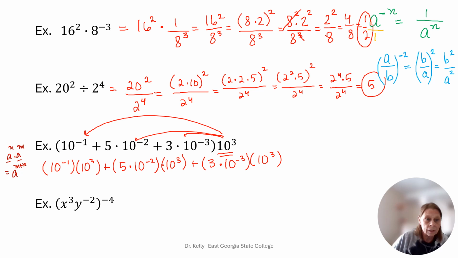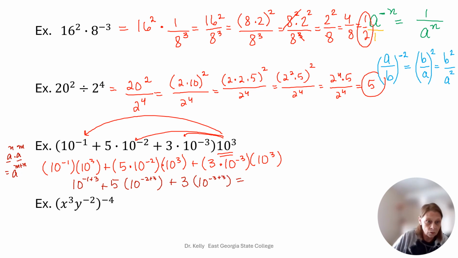So 10 to the negative 1 times 10 to the third power is 10 to the negative 1 plus 3 power, plus 5 times, we're going to do the same thing here, 10 to the negative 2 times 10 to the 3 is 10 to the negative 2 plus 3 power, plus 3 times 10 to the negative 3 times 10 to the 3 is 10 to the negative 3 plus 3 power.